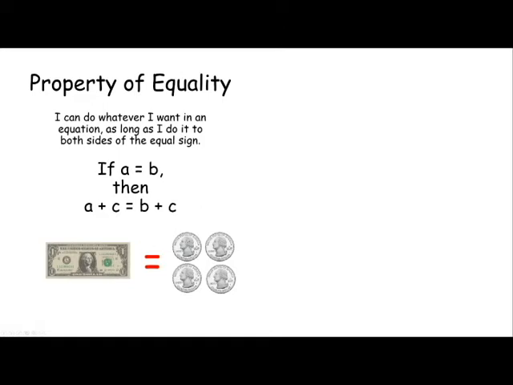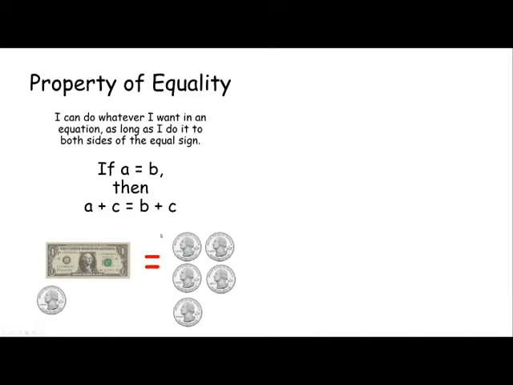Likewise, if you have 4 quarters and I want to trade it with you and hand you a dollar bill instead, those are the same. But here's what the property of equality tells us. It says, if these two things have the same value, and I add a quarter to both sides of the equal sign, notice they were both worth $1.